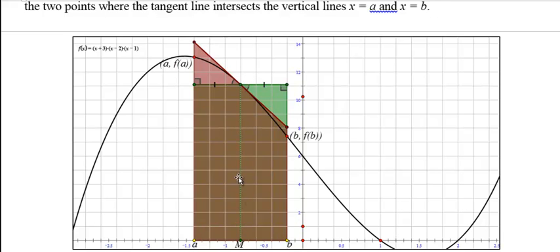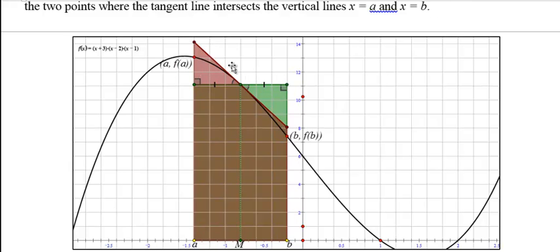Now, since we know it goes up to the top of that tangent line, we know that point's in the middle, so we know the distance from the left side to that midpoint and from that midpoint to the right side is the same. So those two line segments are the same length. This is our tangent line segment. These two angles are vertical angles, so they're congruent, and these two are right angles, so they're congruent.